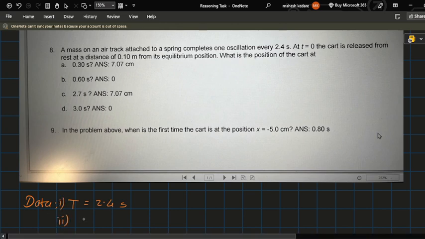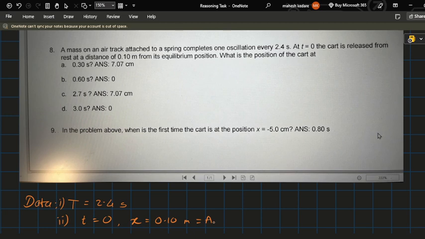It is given that at time t equal to 0, the position of the mass is 0.10 meter from the equilibrium position. And at this distance of 0.10 meter from equilibrium position, the object was simply released from rest. So it had no speed at that point. It means that it is the maximum distance from equilibrium position, and therefore it represents amplitude.